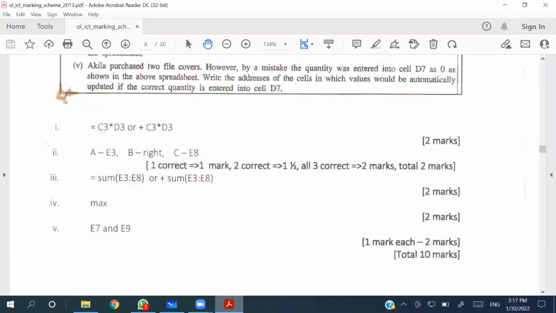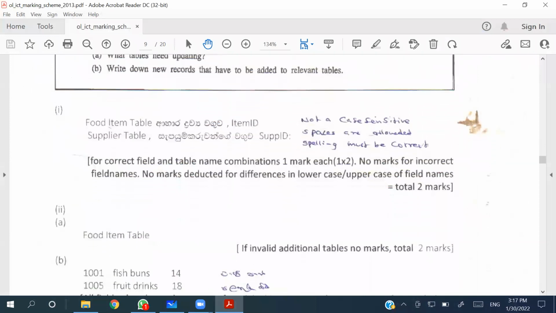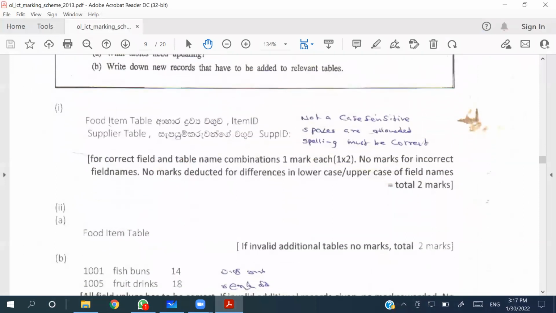So let's go with the marking scheme as well. Yeah, they were talking about the food item table, item ID, supplier table, supplier ID. And be sure, if they ask you to mention the table and the key, make sure you mention the table and the key, right?